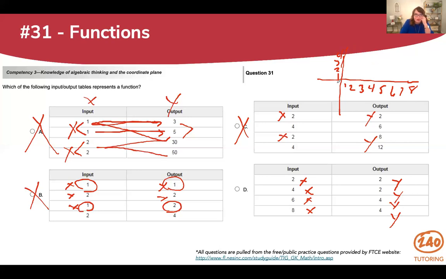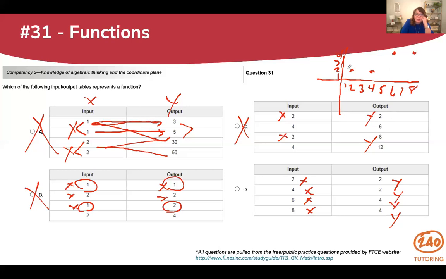And we graph this. So we have x of 2, y of 2, so about right there. Then we have x of 4, y of 2, so about right there. Then we have x of 6, y of 4, so up here, and x of 8, y of 4.